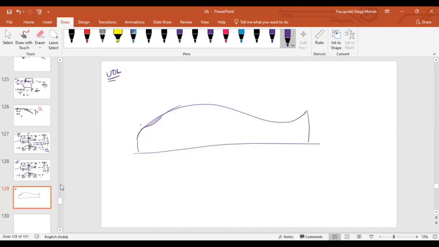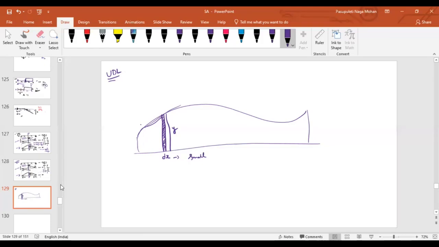We have to divide the entire area into a number of very, very small strips. Let us assume the strip size is dx and the vertical ordinate is y. This should be very, very small, isn't it?